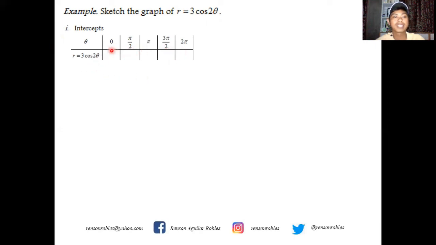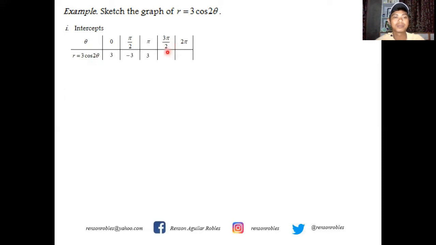So when theta is 0, cosine of 2 times 0, that's cosine 0, is 1, times 3, therefore we have 3 here. Pi over 2. 2 times pi over 2 is pi. Cosine pi is negative 1 times 3, it's negative 3. Next, pi. 2 times pi, that's 2 pi, and cosine 2 pi is 1 times 3, then that is also equal to 3.